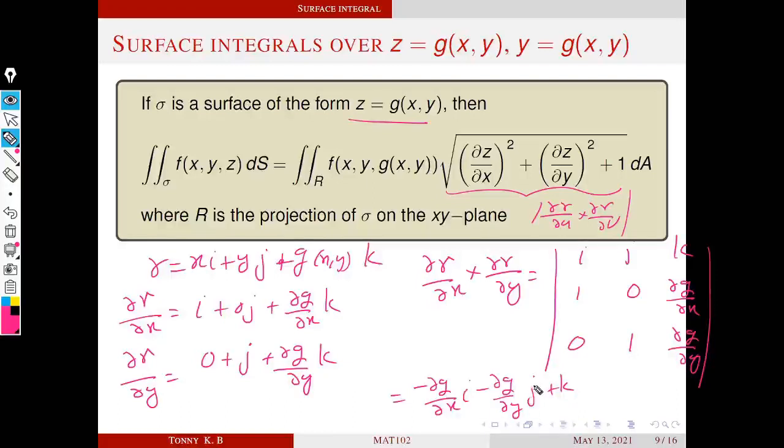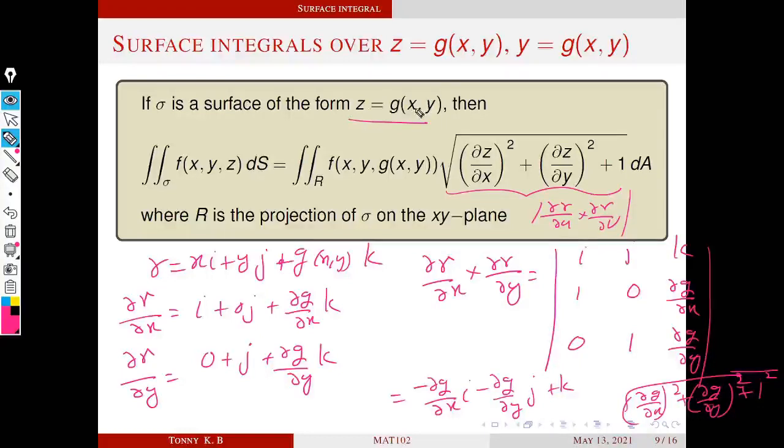Next we have to find the modulus. Its modulus value is the square root of (∂g/∂x)² + (∂g/∂y)² + 1². And what about ∂g/∂x? ∂g/∂x is the same as ∂z/∂x, isn't it?